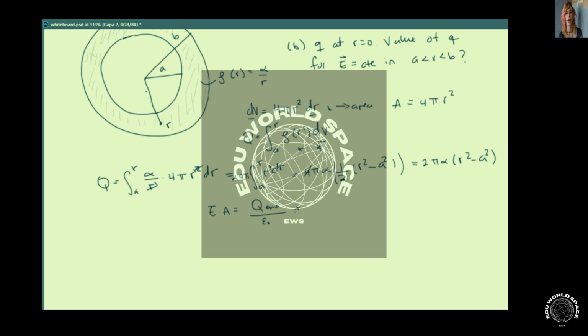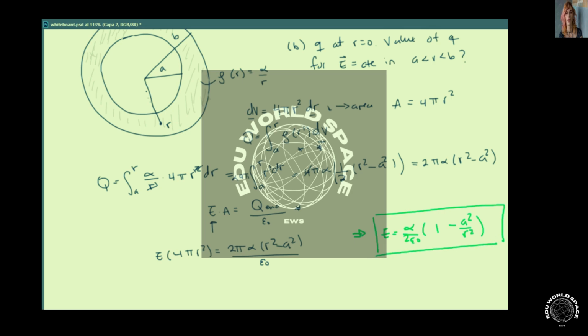I substitute everything here because I want to find E. So E times 4 pi r squared is equal to the charge enclosed, 2 pi alpha times r squared minus a squared, divided by epsilon 0. When you rearrange for E, you find that E equals alpha divided by 2 epsilon 0 times 1 minus a squared divided by r squared. So this is the value of the electric field.